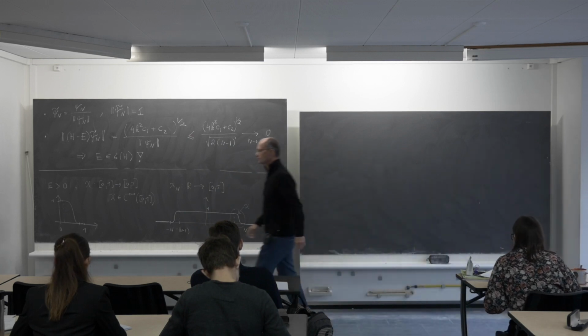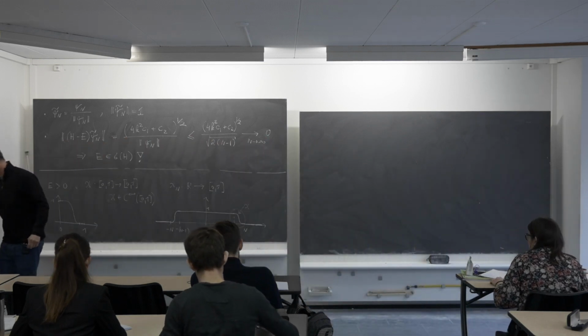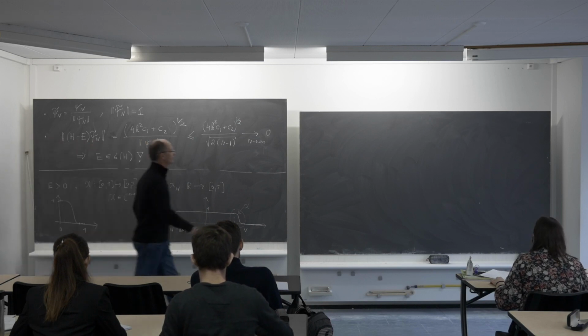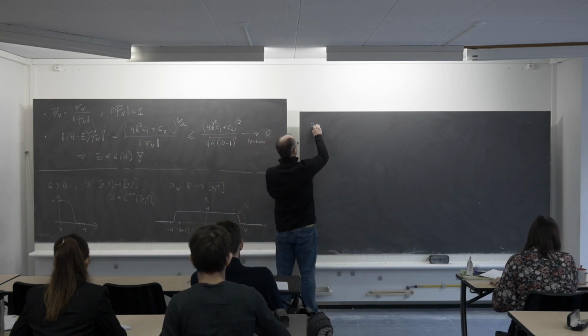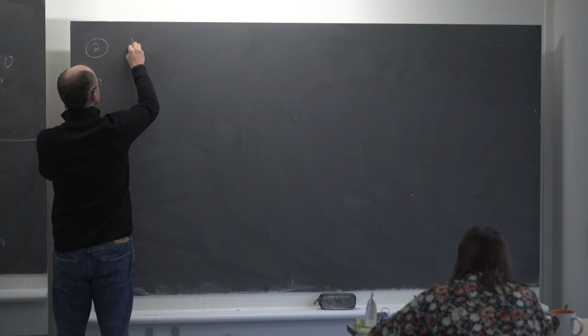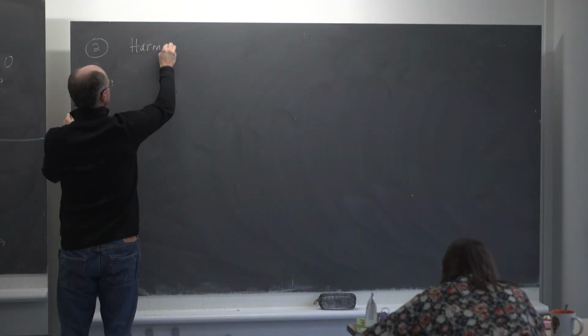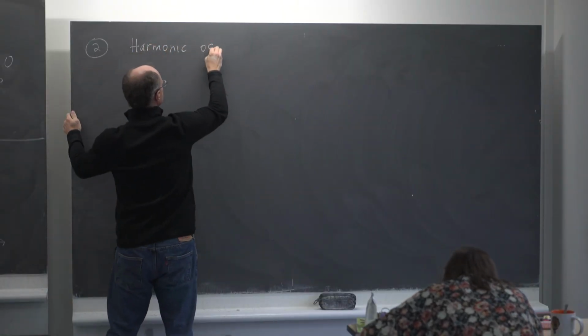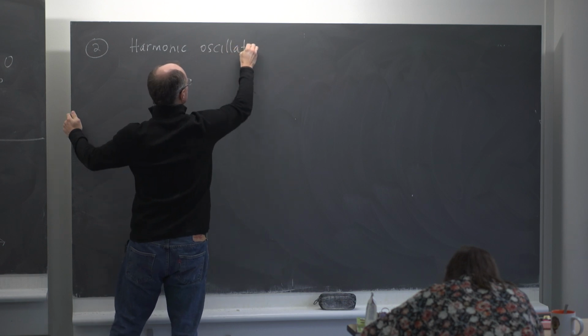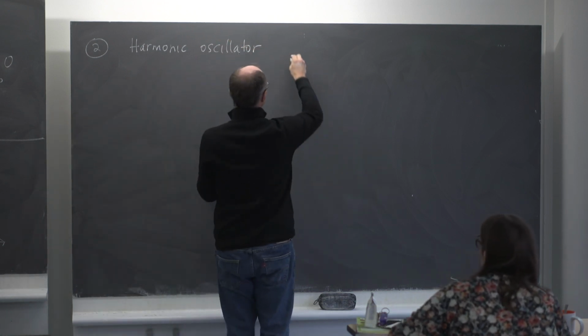So the next example is called the harmonic oscillator. That's one of the big hits of quantum mechanics. Harmonic oscillator.